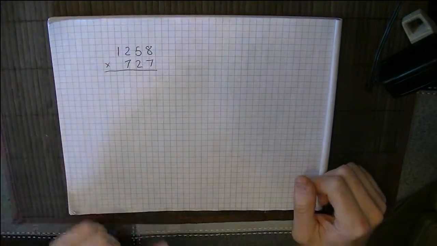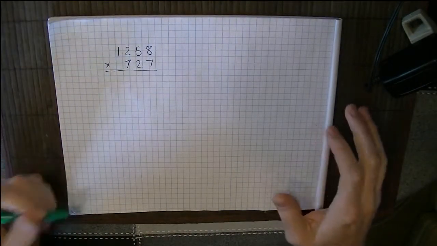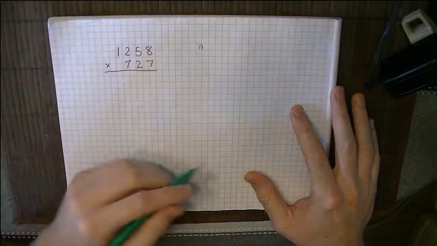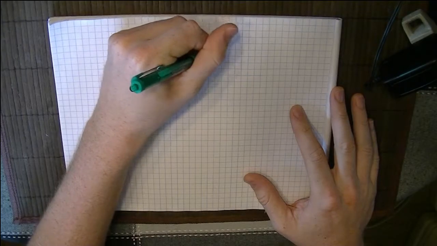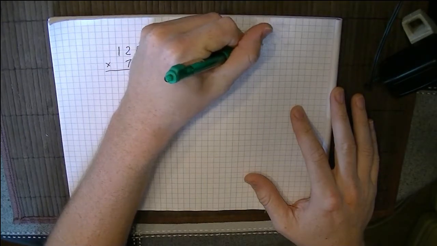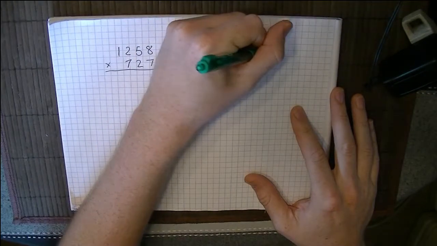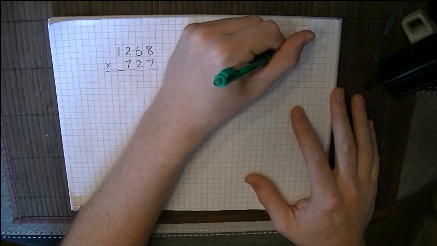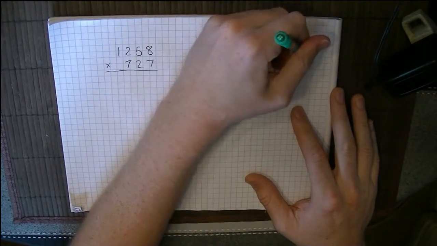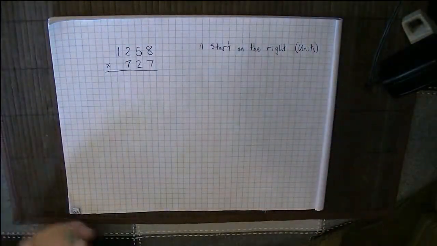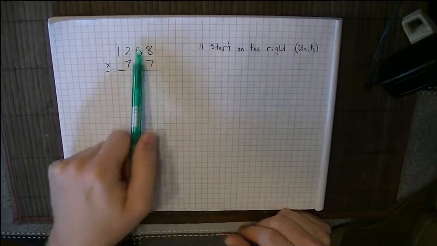So like with addition and subtraction, the first thing that you need to remember is that you start on the right. Okay, so we're starting with the units column. So we're going to start here.